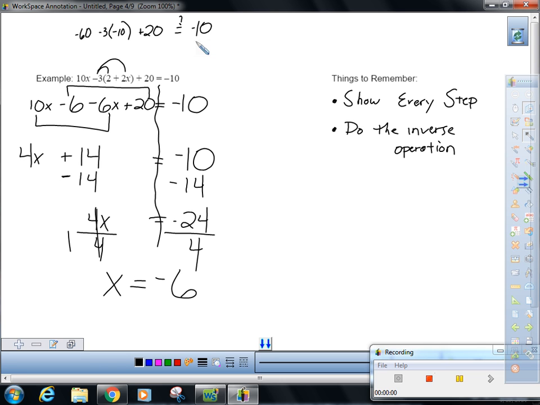Oh, negative 60 minus 30 is negative 90. Negative 90. Oh, no. Negative 60 plus 30 plus 20 equals negative 10. Yes, it does. Okay? All right. Just wanted to remind you, you could check your answers there.